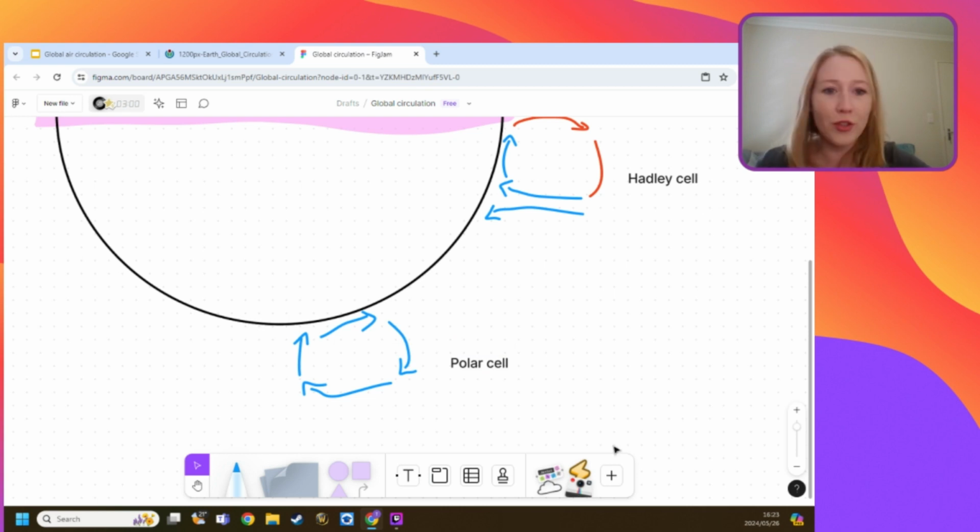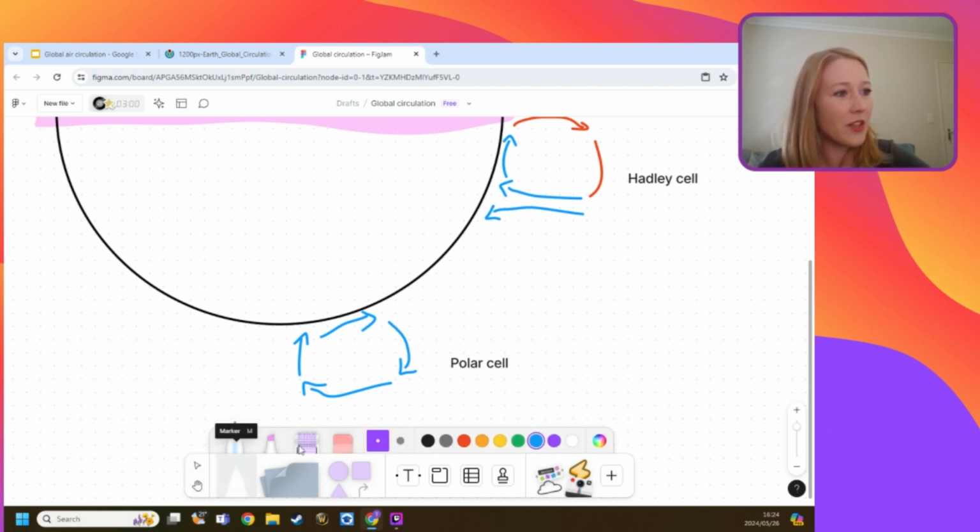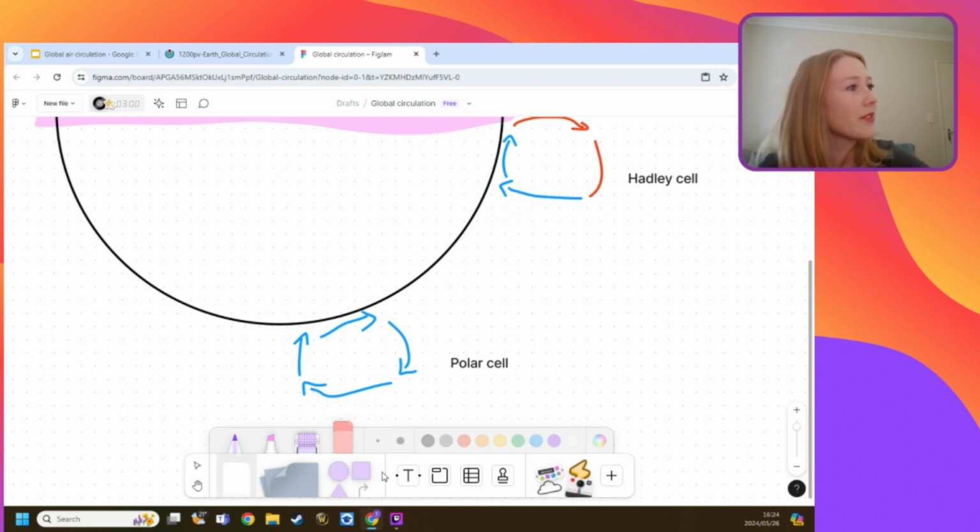Now, the third one is formed as a result of these 2 moving. And here is rising. That movement, let's just connect the dots in a different color. Make it purple.